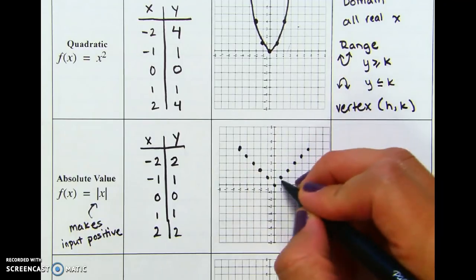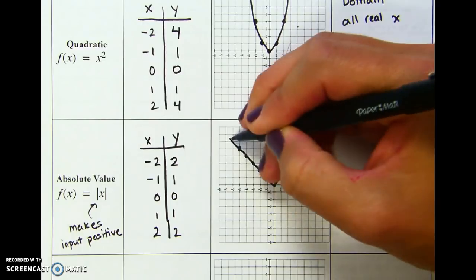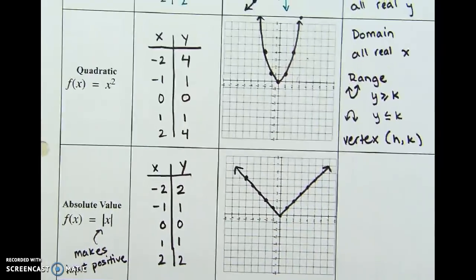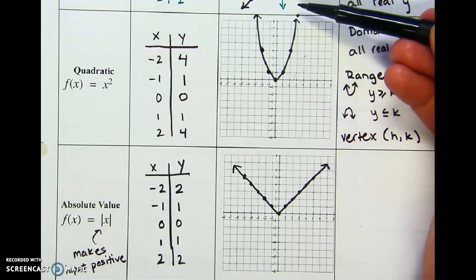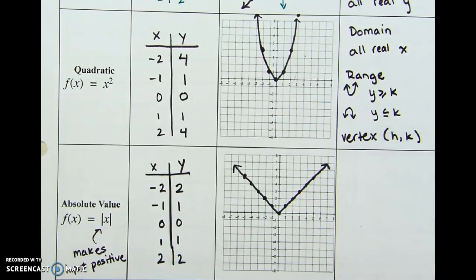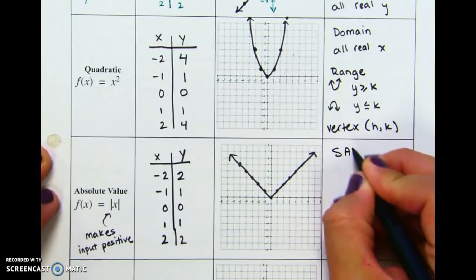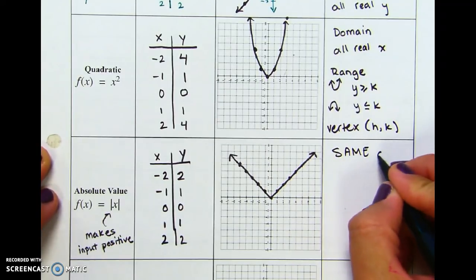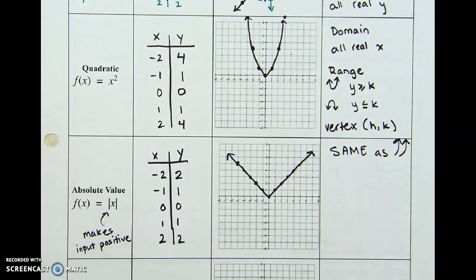This has 2 straight lines going out with the slopes of 1 from the vertex. Do you see the difference here? So this one is curving up, and this one is 1 over 1, 1 over 1, 1 over 1. Same as above. Okay? The domain and range of the absolute value function is the same as a quadratic.